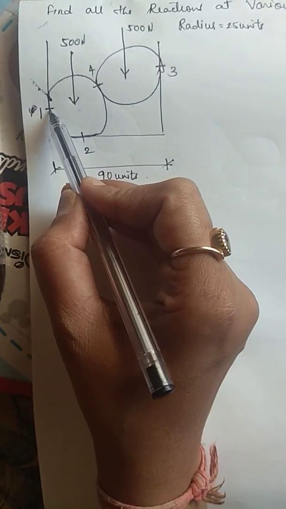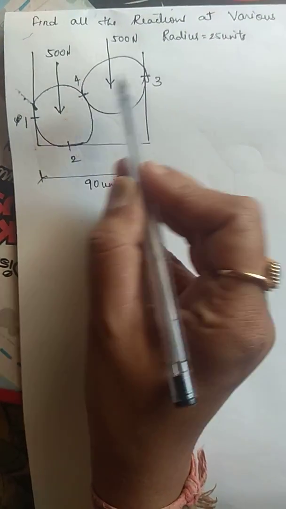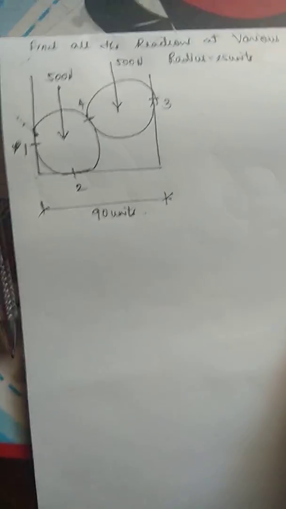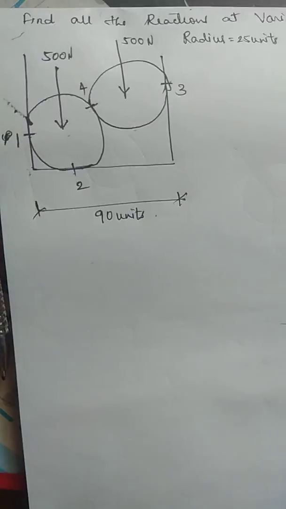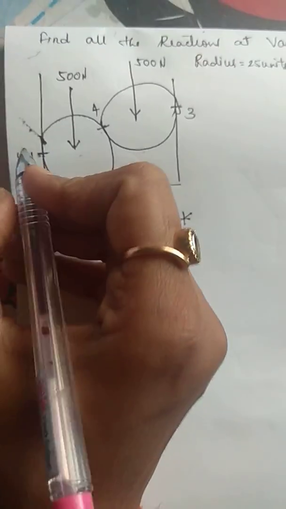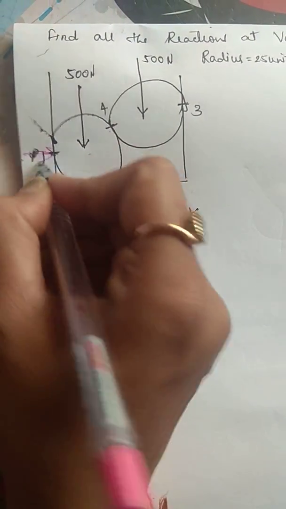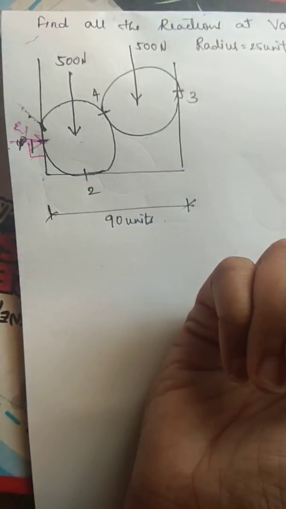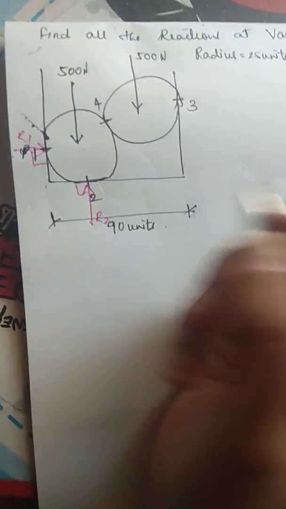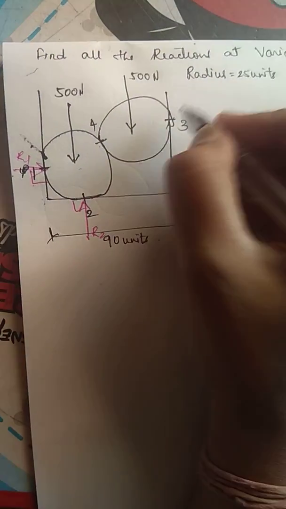So I have the points of contact 1, 2, 3 and 4. Between the two rollers, we know it is always going to be compression. Now to begin with, for this particular example, at point of contact 1, I will have a reaction R1 at 90 degrees. At 2, I will have a reaction R2 at right angle, 90 degrees.